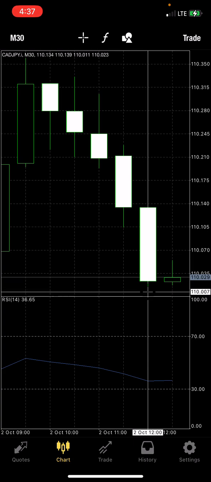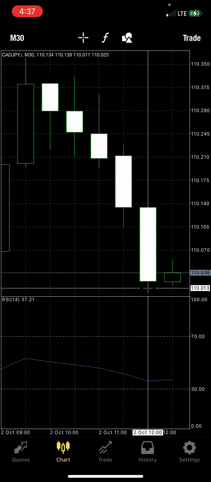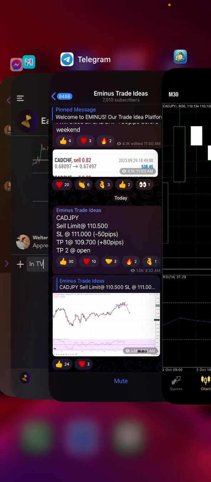I might need to come out of this trade. I don't know where that's at technically. They say put your take profit at 109.7.